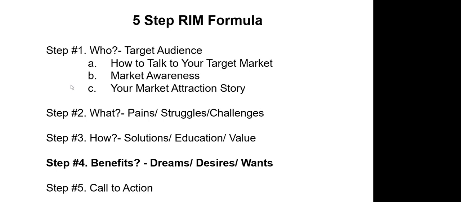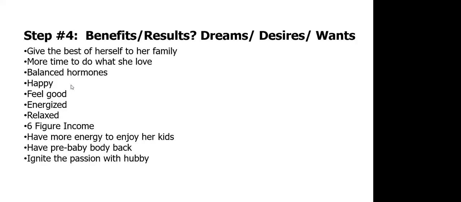Okay, so I have put together, again, this is from my work that I did on my Clear and my avatar. So some of the benefits, or I should say her desires, she wants to give the best of herself to her family, okay? She wants more time to do what she loves. She wants balanced hormones, and so does her family. She wants to be happy.